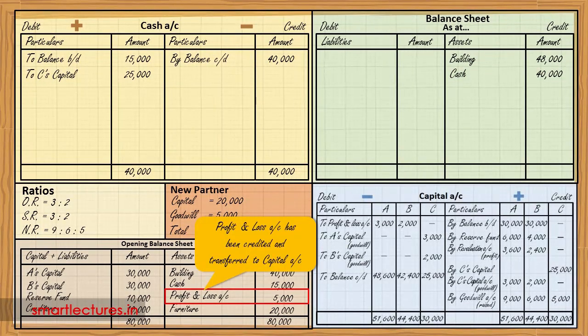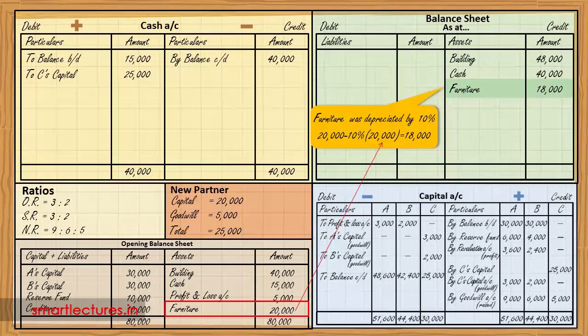Previously it was 5,000. Now you don't need to write it down. The reason being it has been transferred to capital account. This profit and loss account has been credited. It means it has been removed. Then furniture 18,000 because previously it was 20,000. It has been depreciated. So now it is only 18,000.